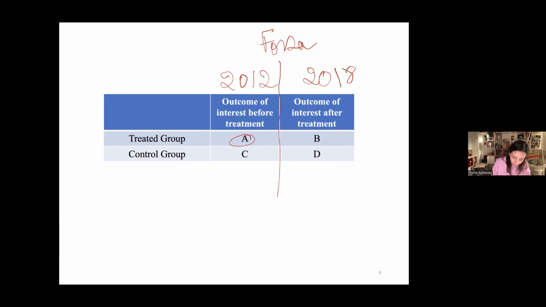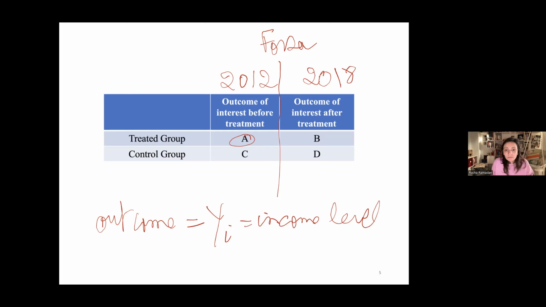So our outcome of interest is Yi, the income level. A is the income level of individuals who joined the Forsa program in 2012, and B is their income after the program in 2018.